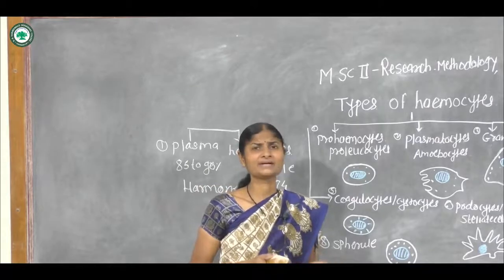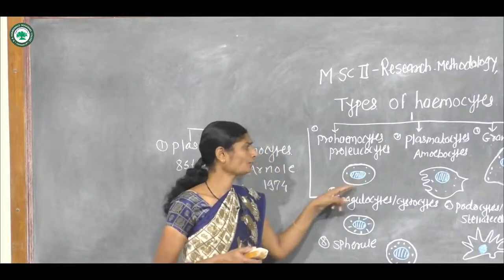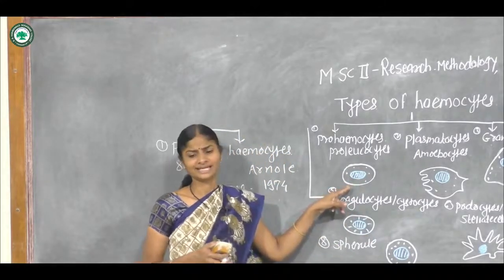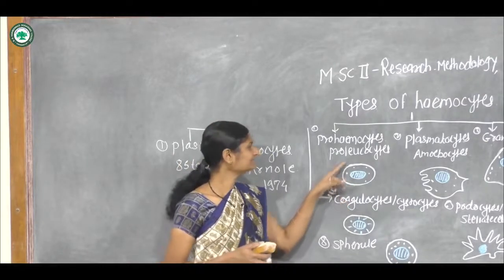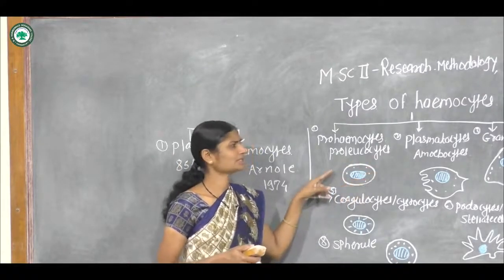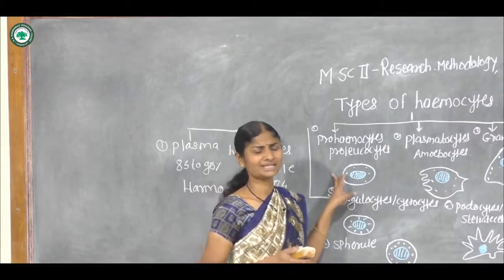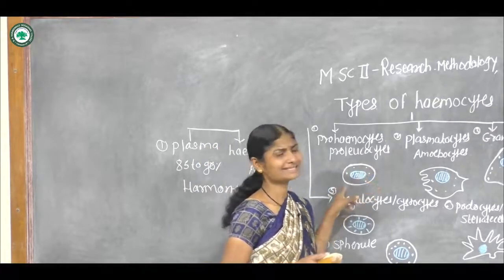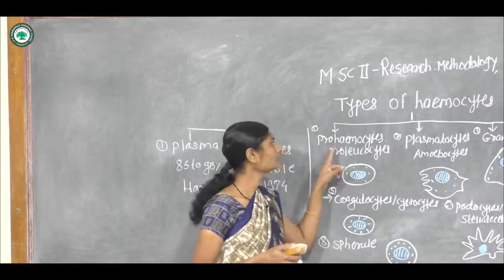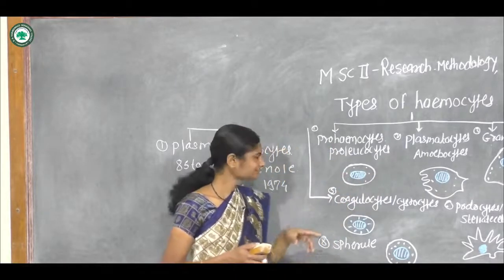When stained, they are granular and basophilic. The prohemocytes show mitotic division, and other cells are generated from prohemocytes.